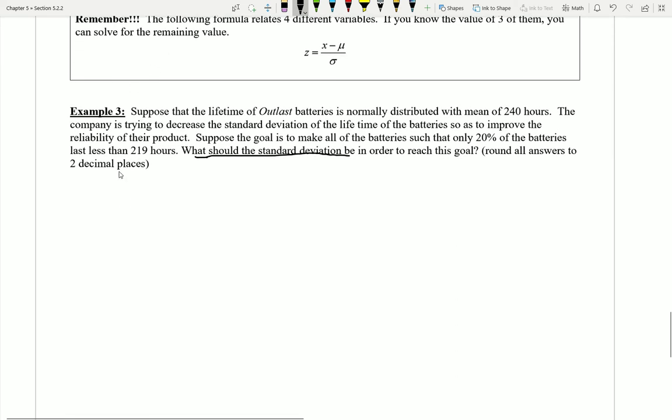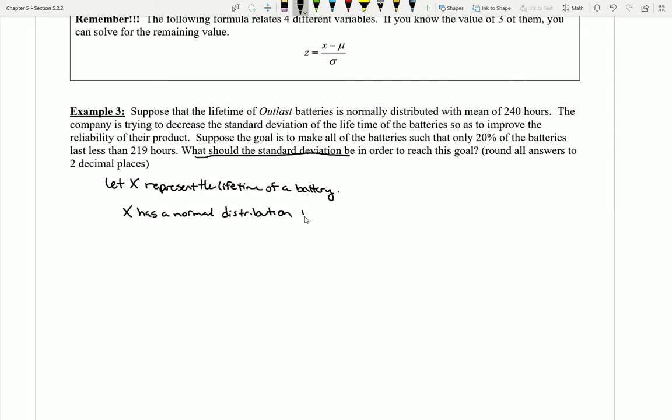I'm going to start the same way I always do. I'm going to define a variable. So I'll say, how about we let x represent the lifetime of a battery. Okay, one of these Outlast batteries. We're told x has a normal distribution.